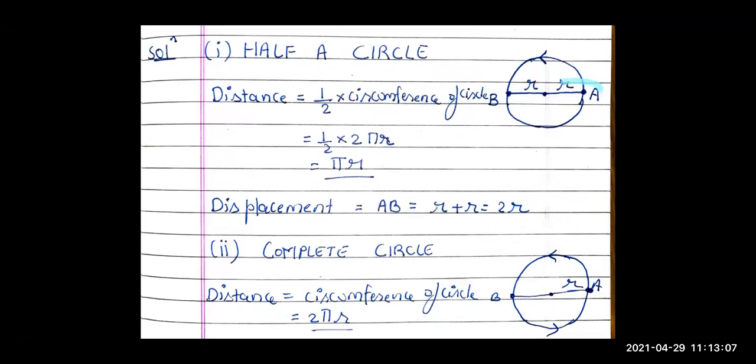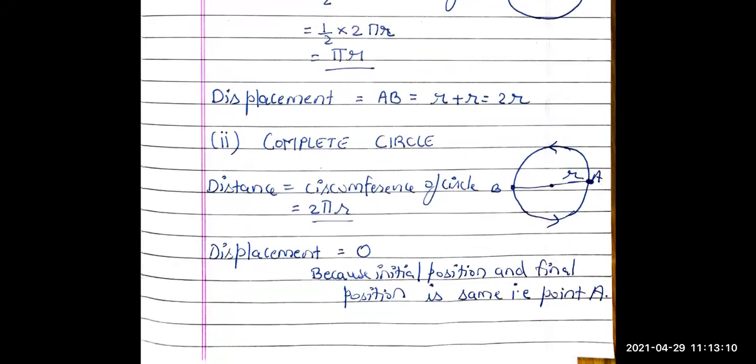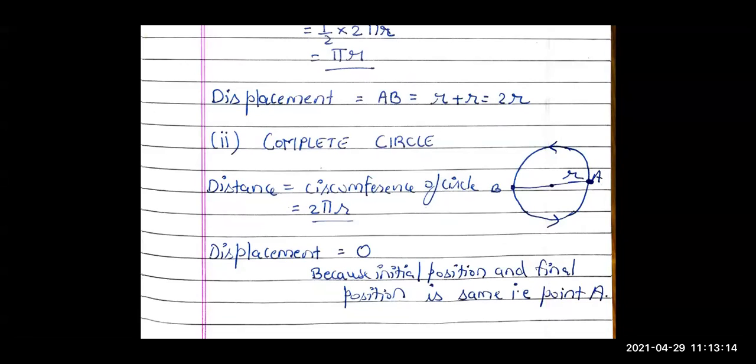Now let's calculate the distance and displacement for the complete circle. When the particle has completed the circle, it means the particle has started from point A, it has covered the full circle and it has again come back to A. Right. So the particle has traveled the path, that is the total circumference. So we know the distance is the path.